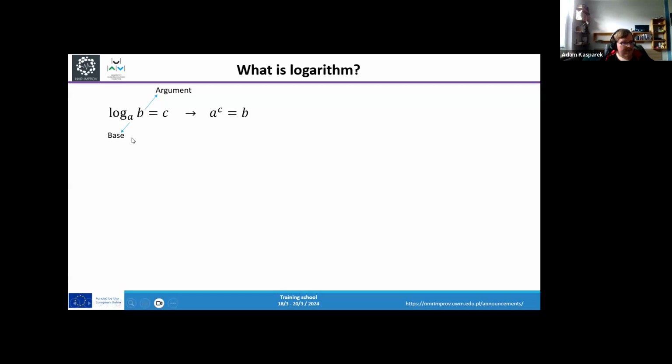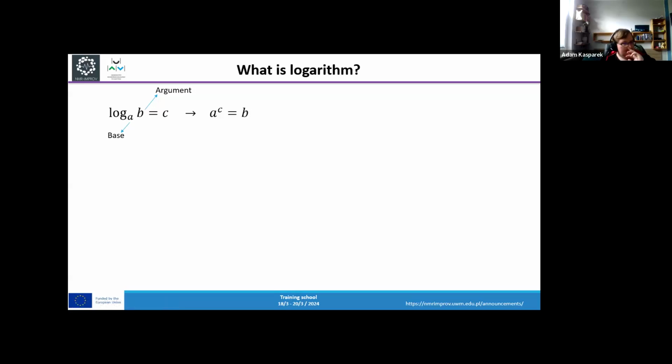So if we say that logarithm of base a from b is c, that means that the base a to the power c gives b. In other words, logarithms tell us to what number we have to raise the base to get b, to get the number which we are taking the logarithm from.